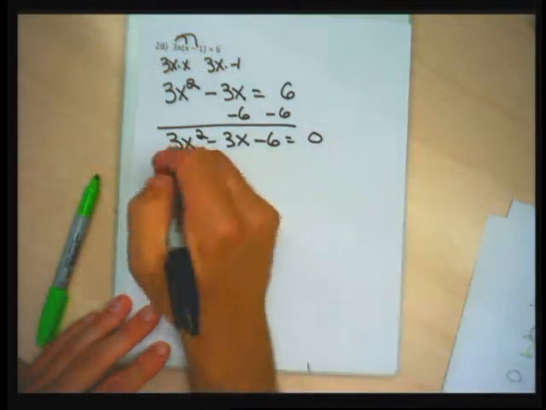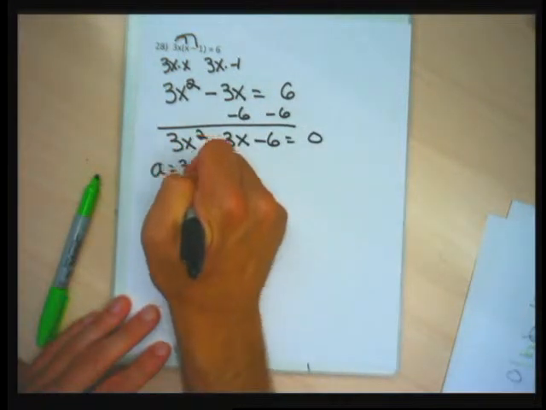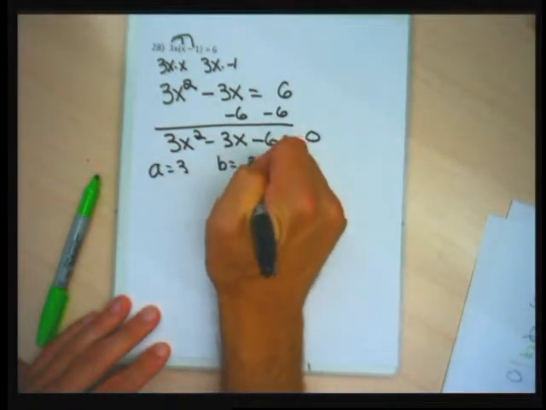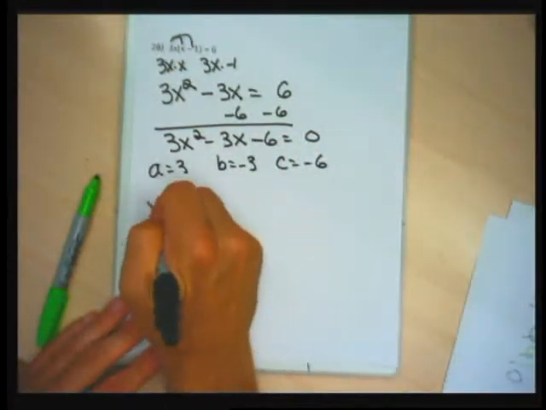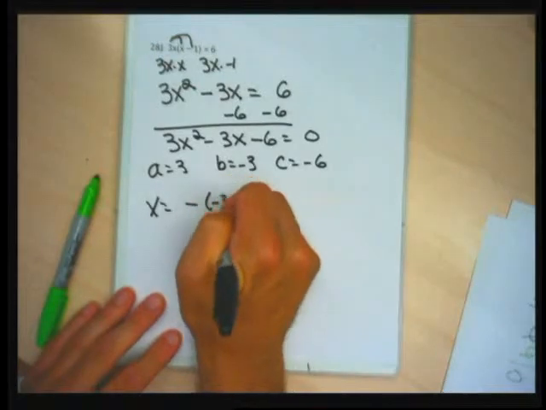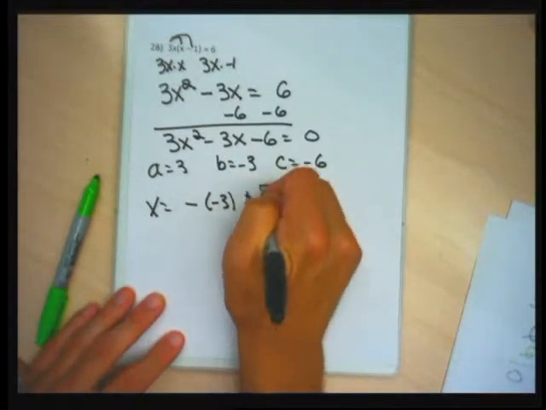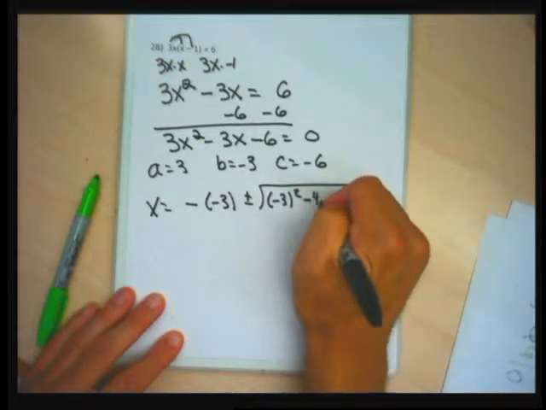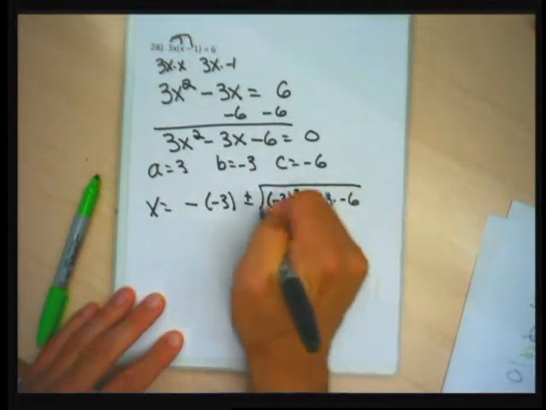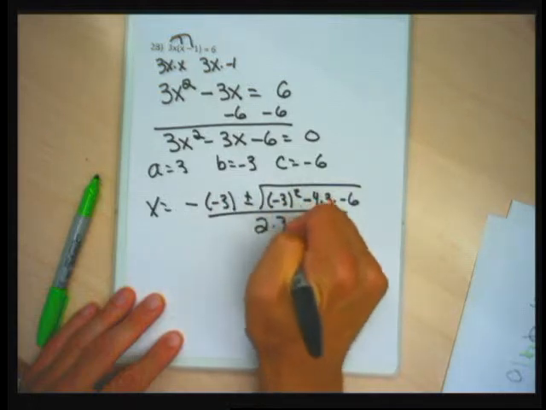Now I have it set up so I can pick off my a for 3, my b for negative 3, my c for negative 6. x equals negative b, which is a negative 3, plus or minus the square root of negative 3 squared minus 4 times 3 times negative 6, over 2 times 3.